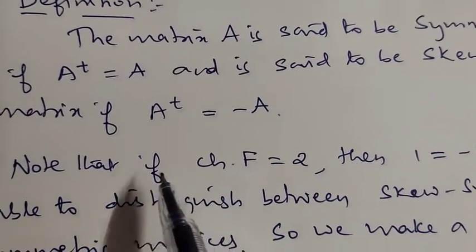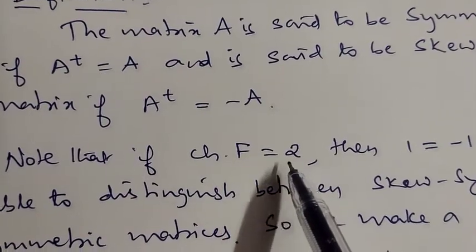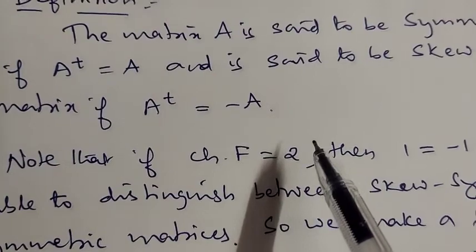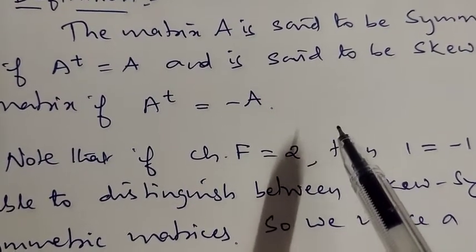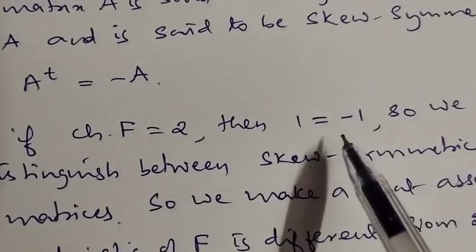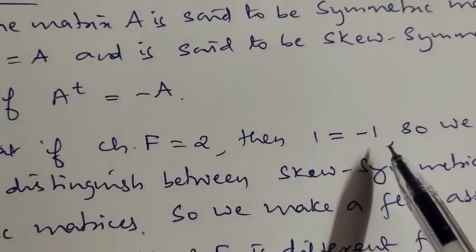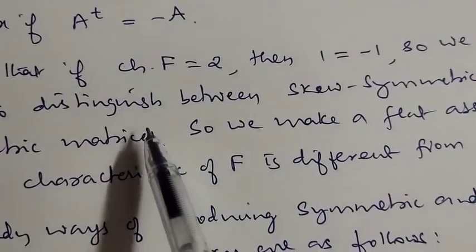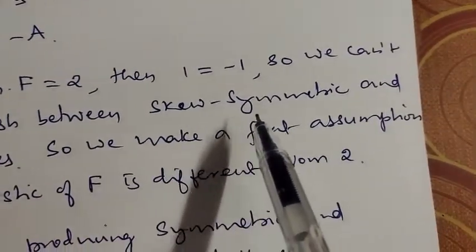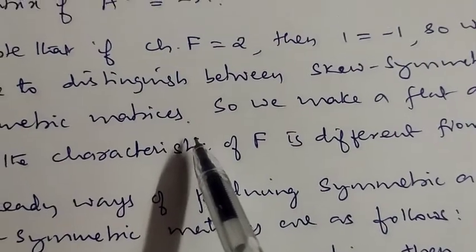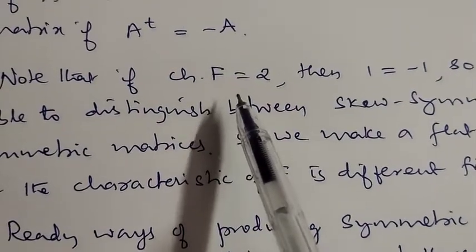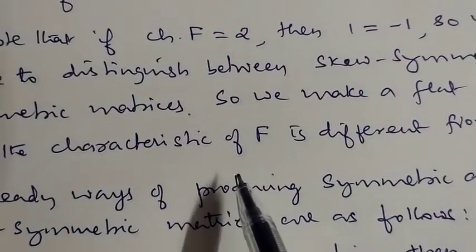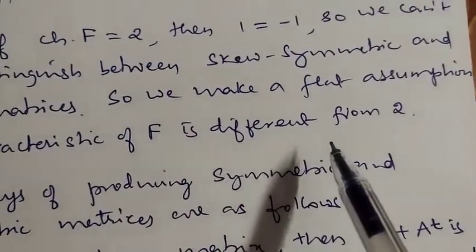Now if the characteristic of the field F is 2, then 1 plus 1 is 2, which is equal to 0, so 1 will be equal to minus 1. So we cannot distinguish between skew symmetric and symmetric matrices in a field of characteristic 2. So we make the assumption that the characteristic of F is different from 2.